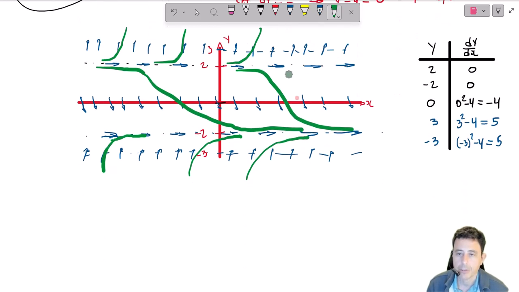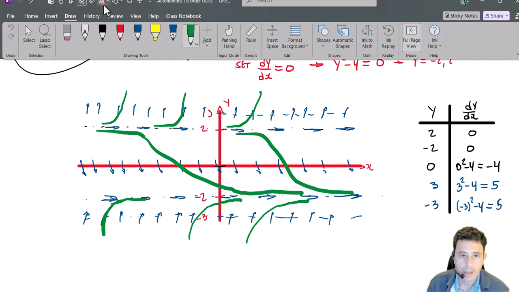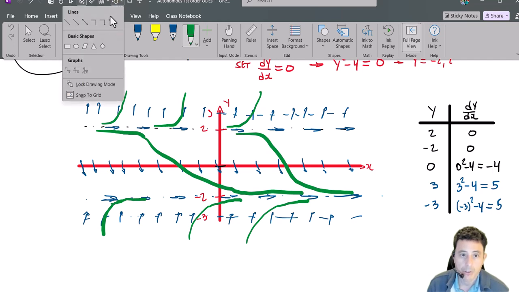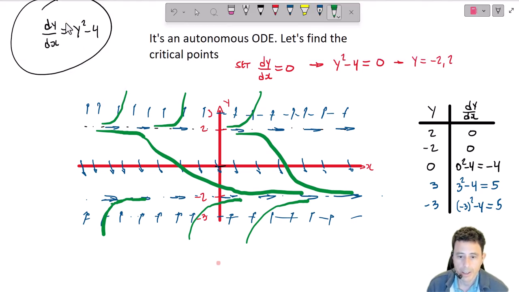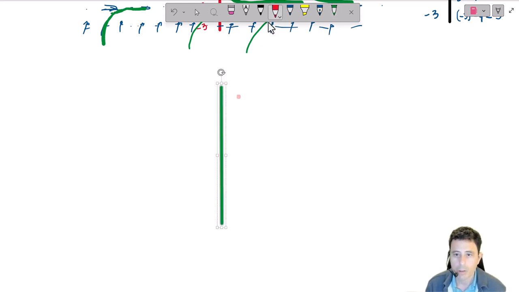Let me draw this XY plane again. And this time, I'm actually going to draw just the Y axis, like that. And what I'm going to show you now is that this is called a phase portrait. A phase portrait just tells us how the derivatives look for different values of y.